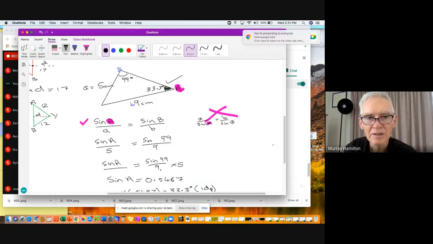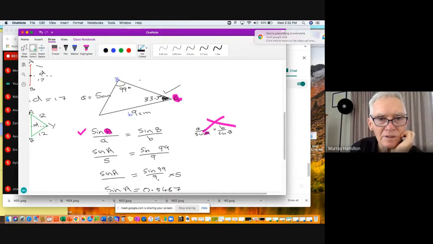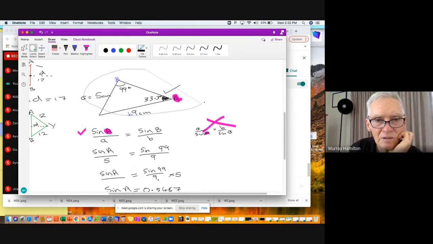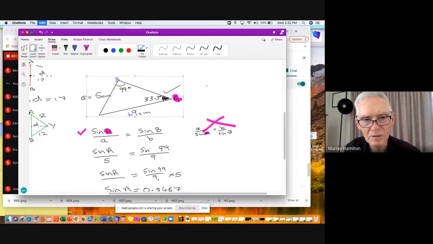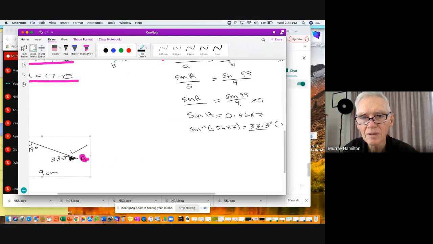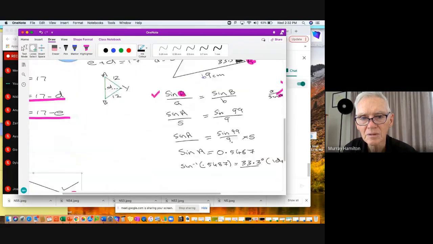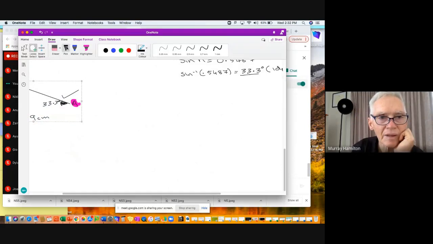So what I'll do is copy this triangle and paste it over here. It didn't work out too well. I'm going to start again. Let's see if I can just sketch something.